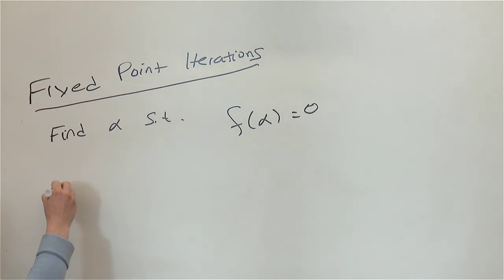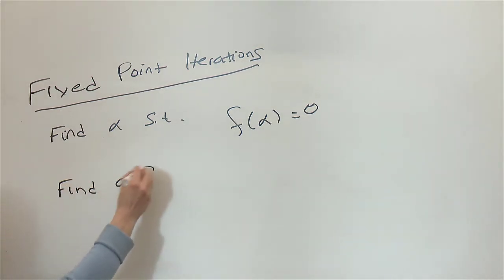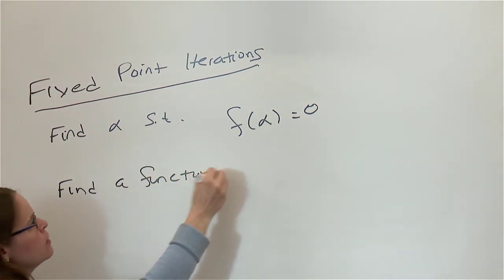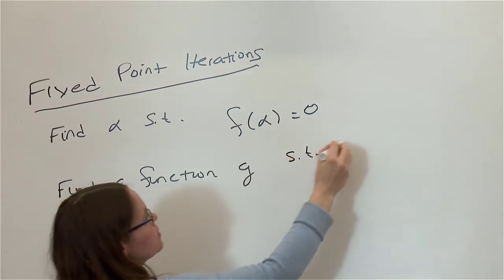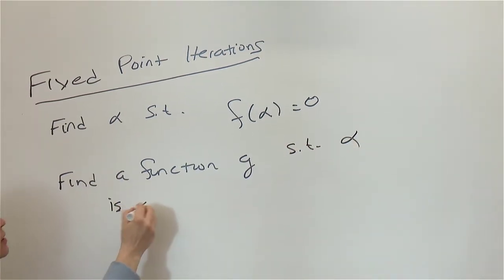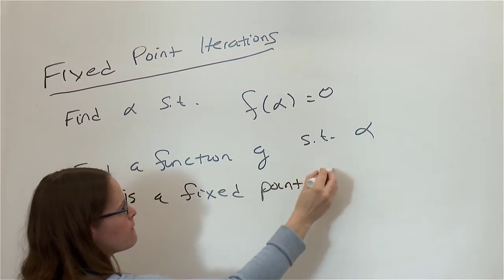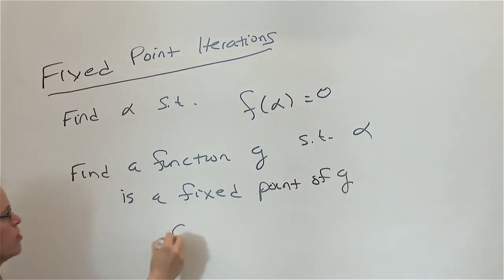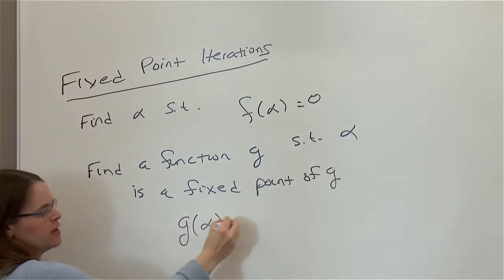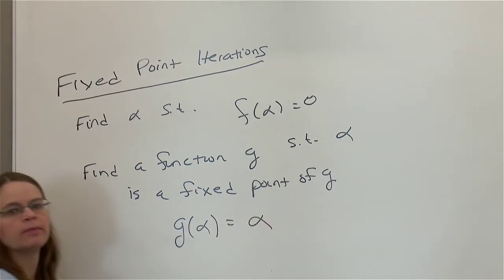So we find some function g such that alpha is a fixed point of g, and that means that if I plug in alpha, I get alpha coming back out again.